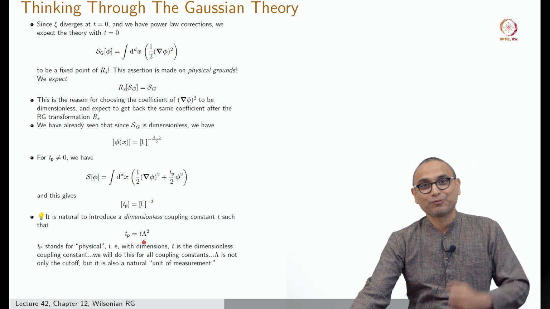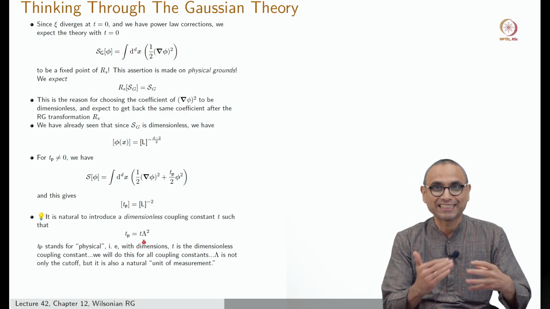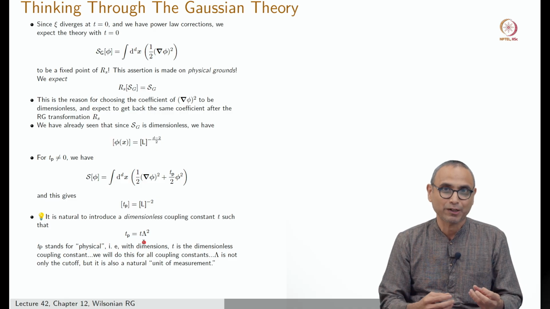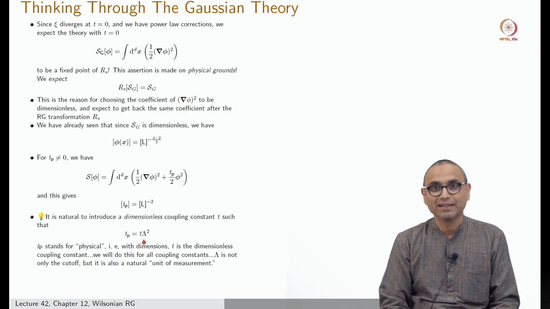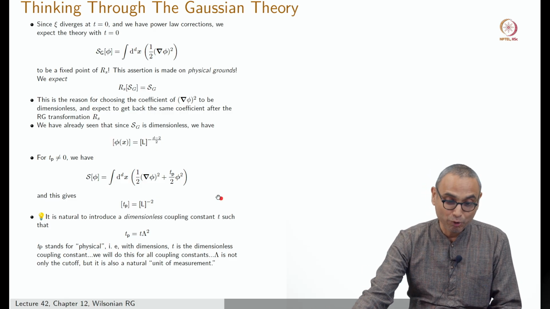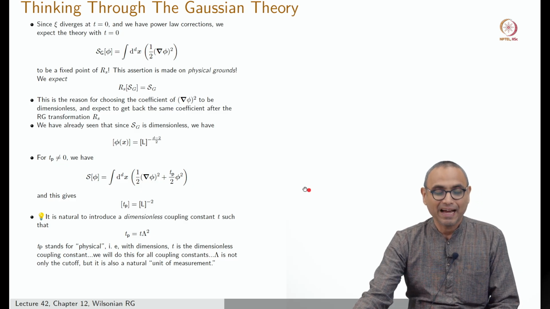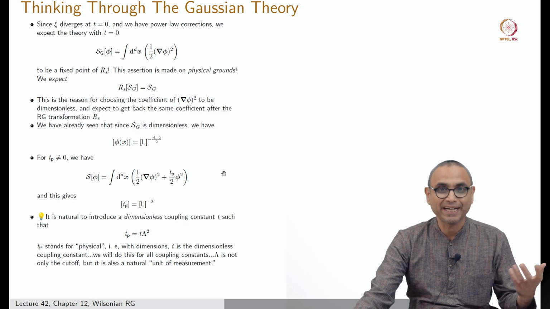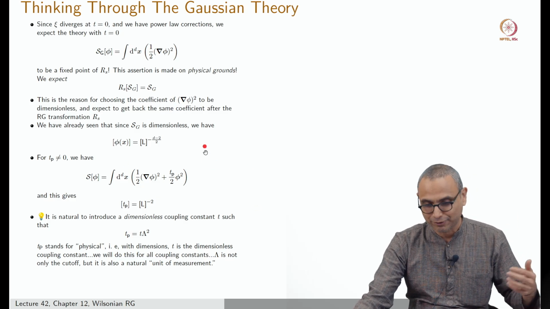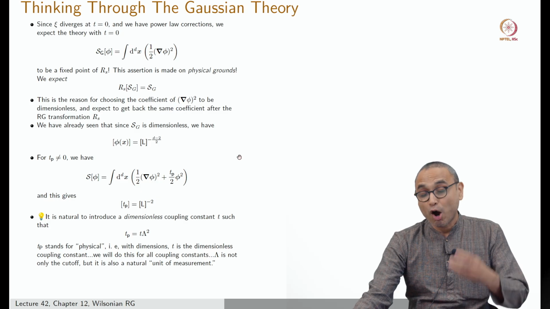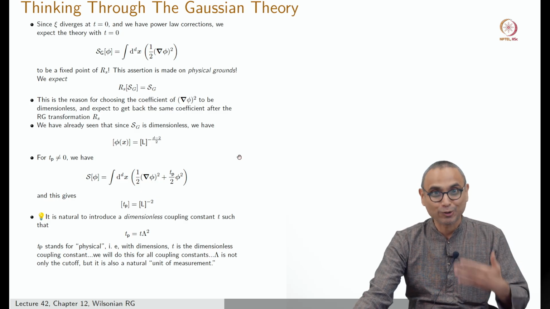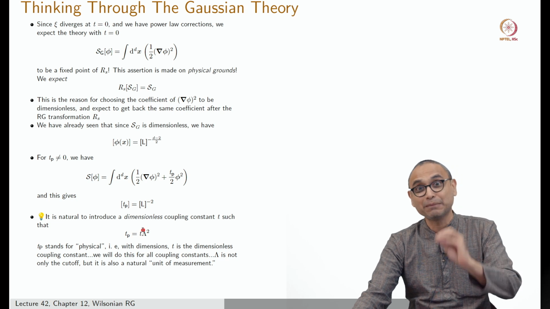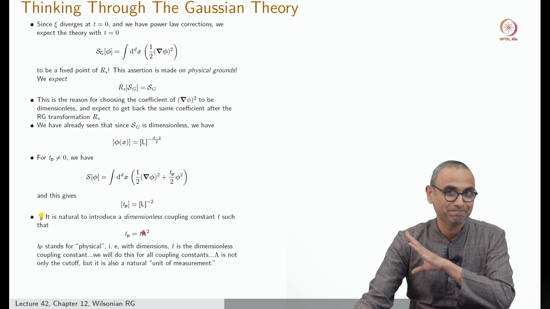So this is why we introduce this notation t_p, so that we can later replace it by a dimensionless coupling constant times lambda square. Now you can imagine that if I had a more complicated theory, I could have many other terms like phi to the 4, phi to the 8, some gradient phi to the 6, all kinds of terms can be there. All their coupling constants can also by dimensional analysis be written as dimensionless quantities times some power of lambda.